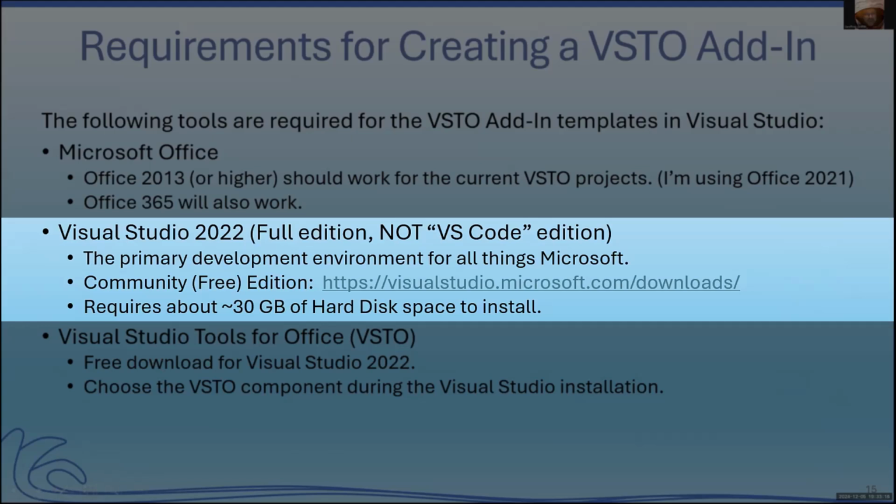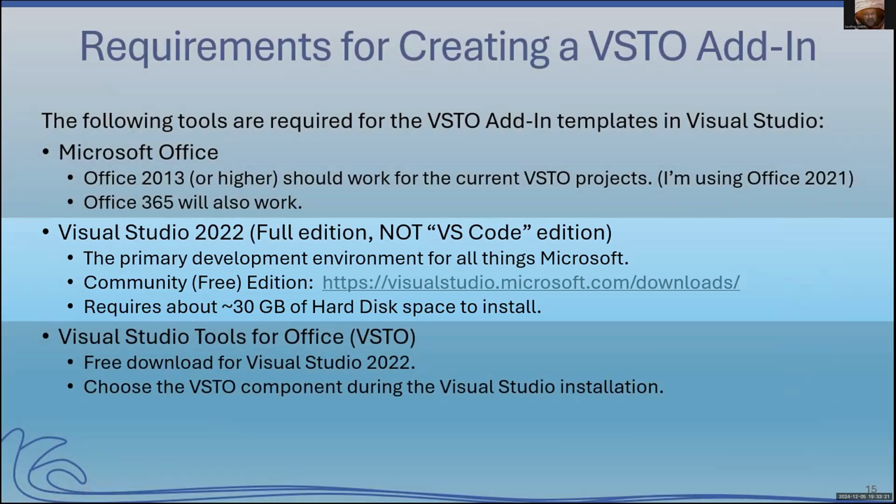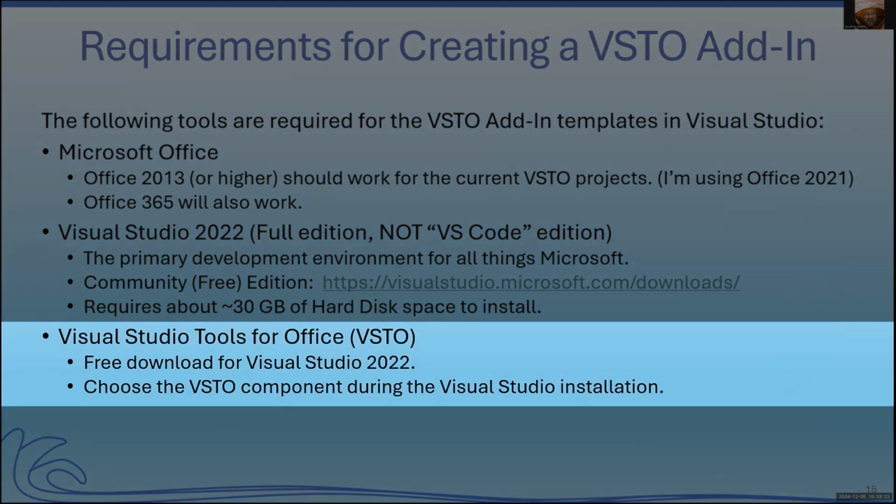And then once you do the installation, you can choose the component that includes the VSTO stuff. It's like SharePoint and VSTO, it's a component during the installation. You just check it and it will be a free download.